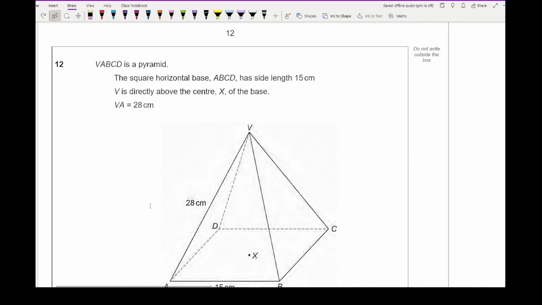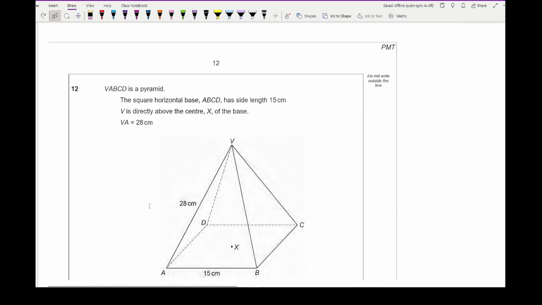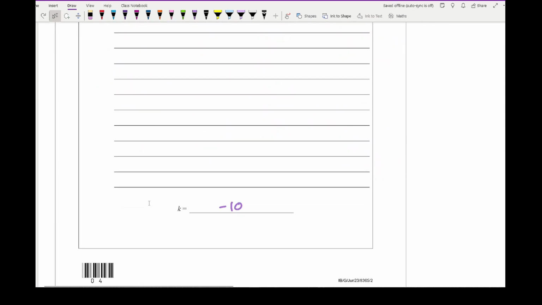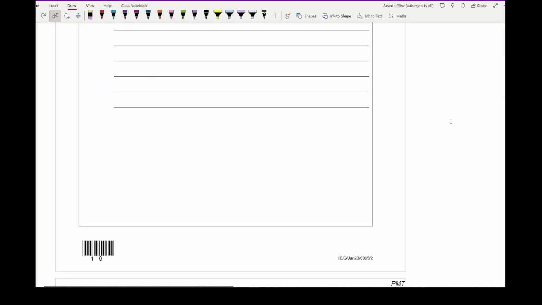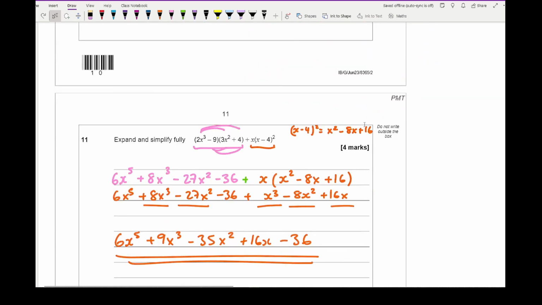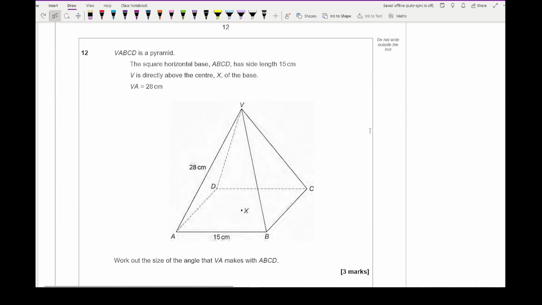Moving on to question 12, let's just zoom out so we can see it all in its entirety, and of course it's going to reset, so let's just drag all of this back down. We get this question here, and it's saying that VABCD is a pyramid. The square horizontal base ABCD has a side length of 15 centimeters.